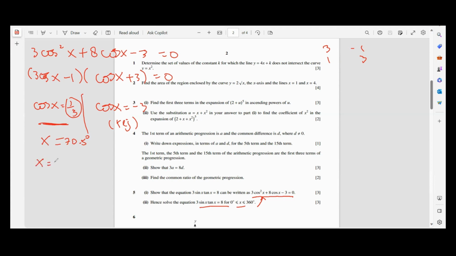To find the angle in quadrant 4, it is 360 degrees minus 70.5 degrees, so 289.5 degrees. So the answer is 70.5 degrees and 289.5 degrees. That is for number 5.